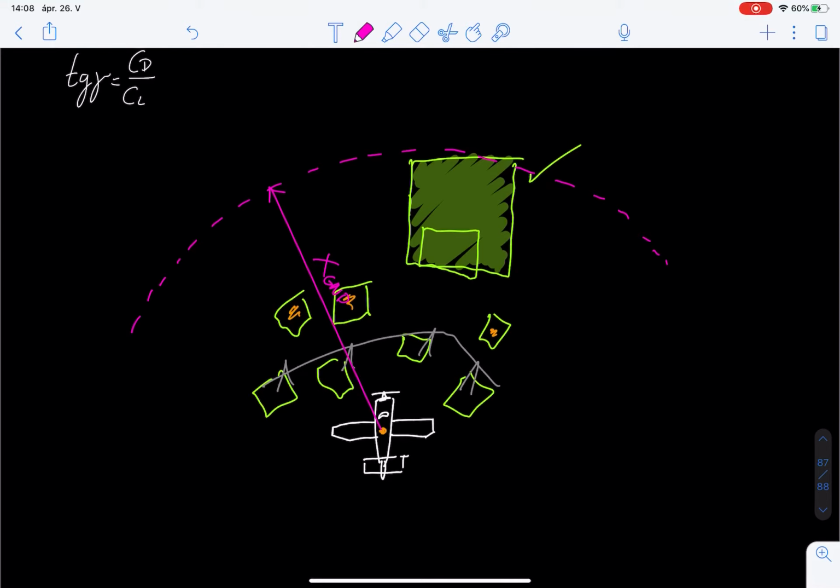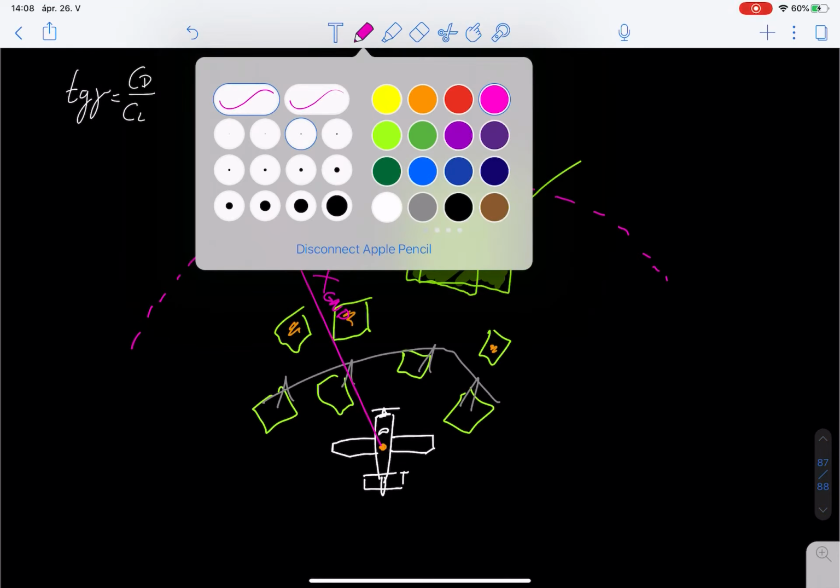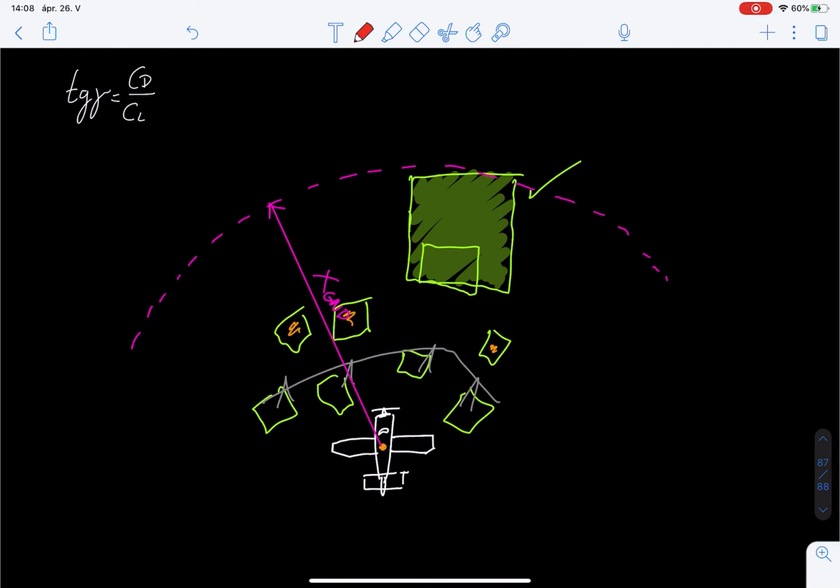And so let's say that if you maintain your best glide speed, you're going to have the most options. However, if you fly faster because you think that that's going to be safer, what you're doing is reducing this distance to where you can glide, right?